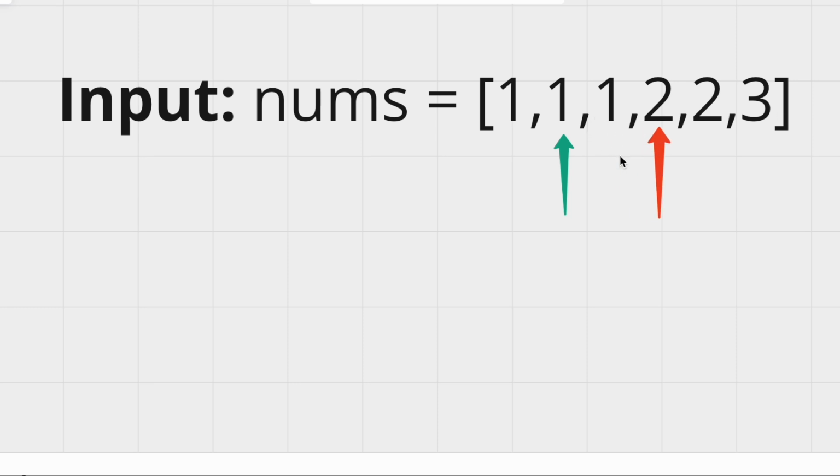We reach here and we compare. Is this element the same as the element at the valid position? No. So this is a good element. We have to move it to the position which is after the green pointer.